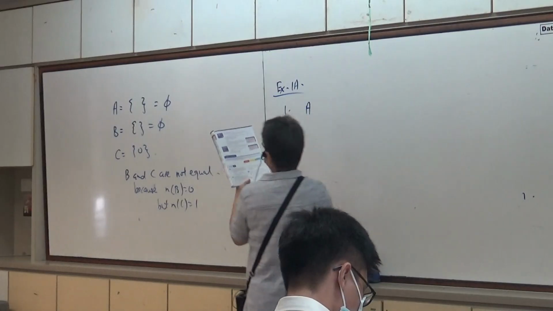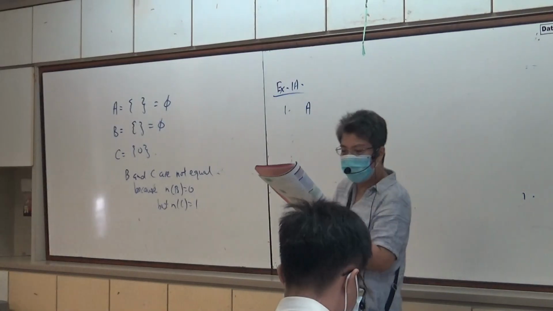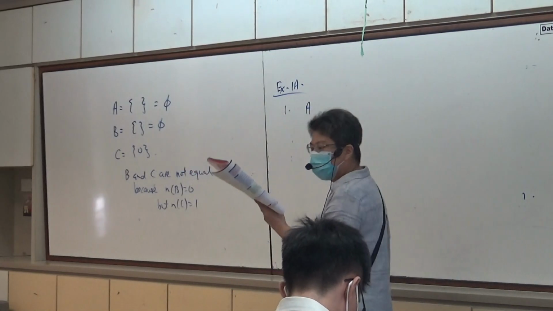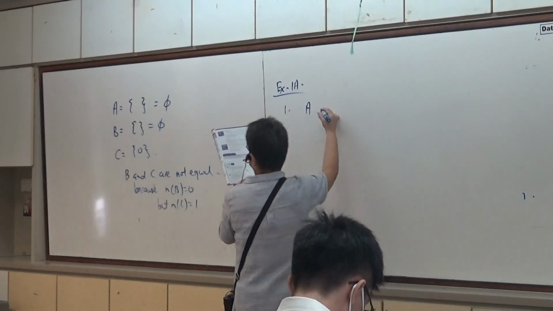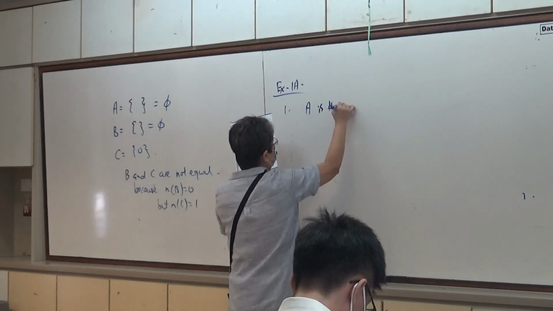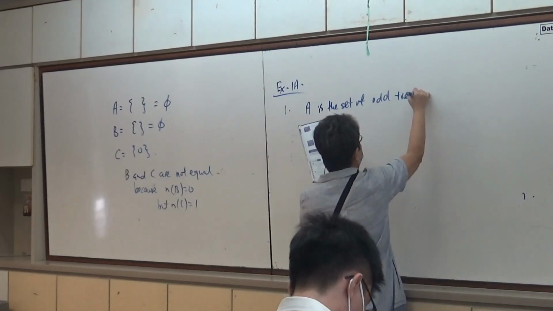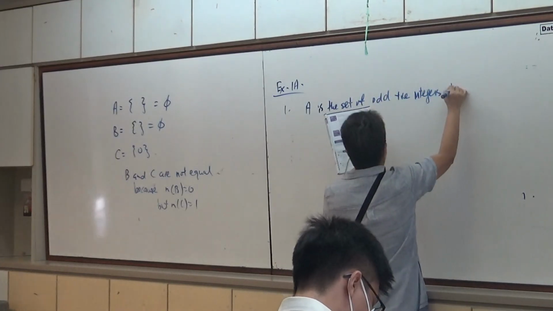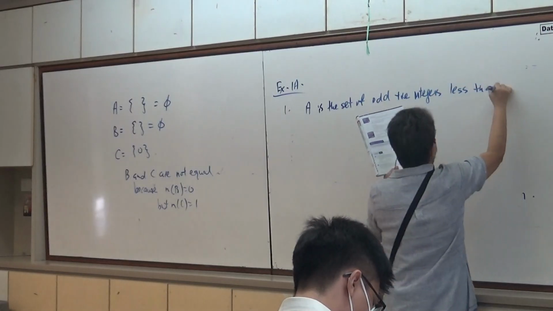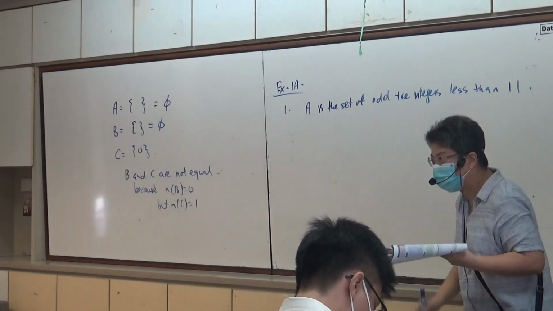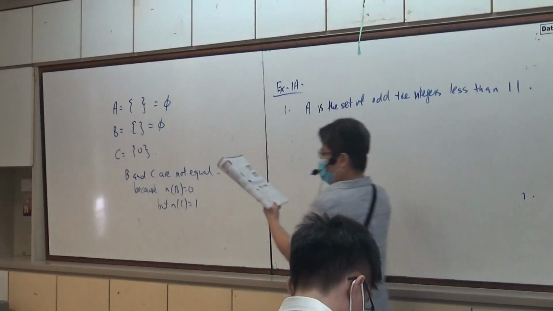A is the set of odd positive integers less than 11. Clear? This is what they tell you. Look at part 1.